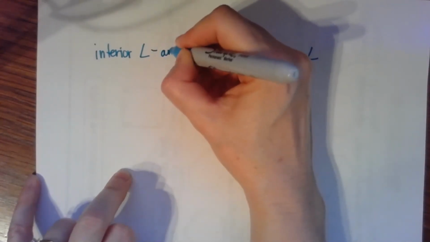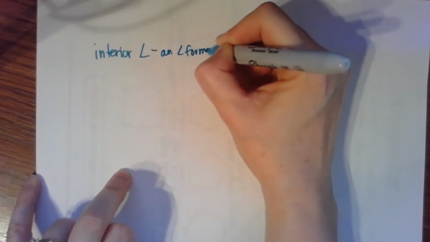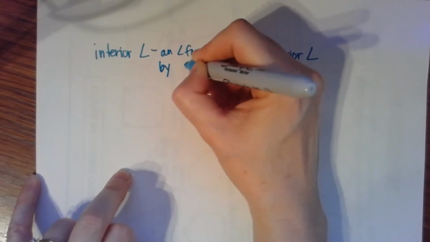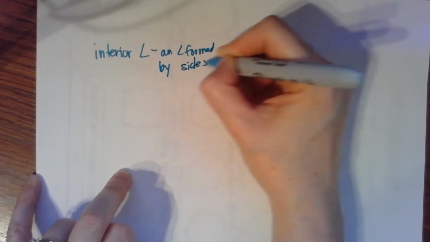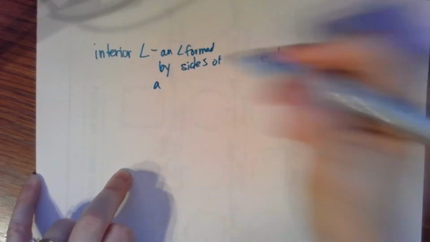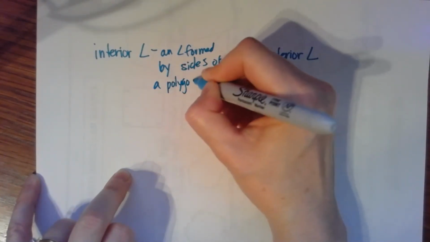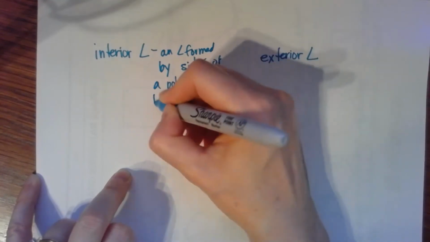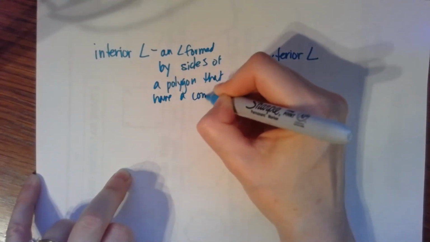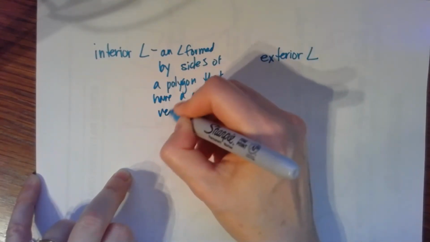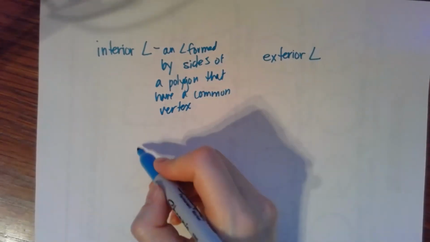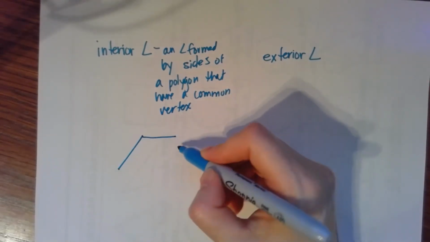Okay, so an interior angle is an angle formed by the sides of a polygon with a common vertex. Okay, so imagine here's your polygon.